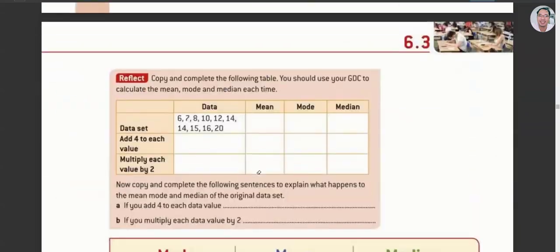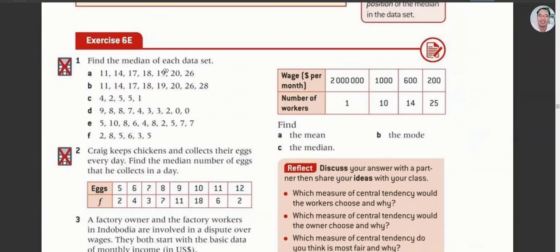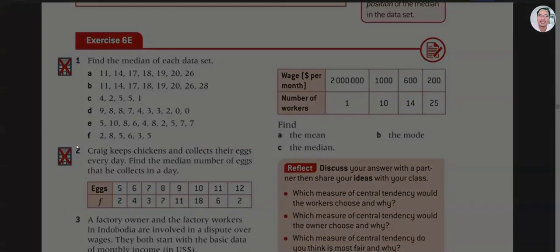Okay, moving on to the next question here, exercise 6E. Mean, mode, median. A factory owner wants the median number of eggs collected in a day. Okay, question 2 here first.